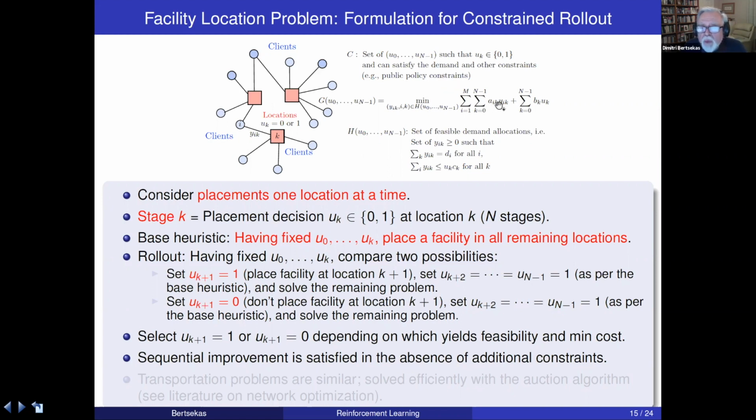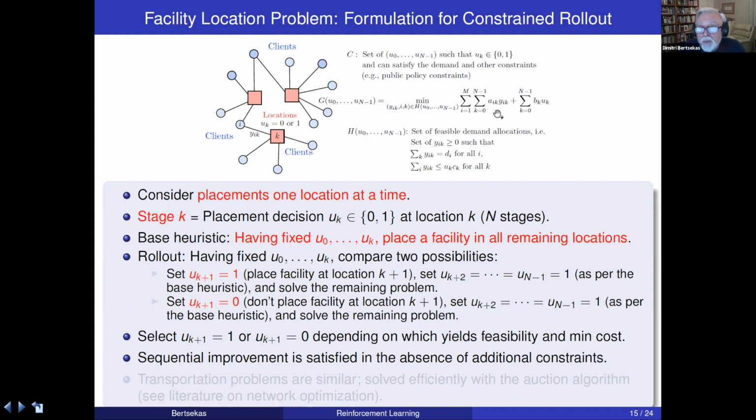If the y's are not restricted to be integer, then this problem is very simple to solve, relatively speaking. However, if there are additional difficult constraints on the y, which make this problem non-polynomial and hard, then you're faced with a different type of animal, and you have to treat it differently.